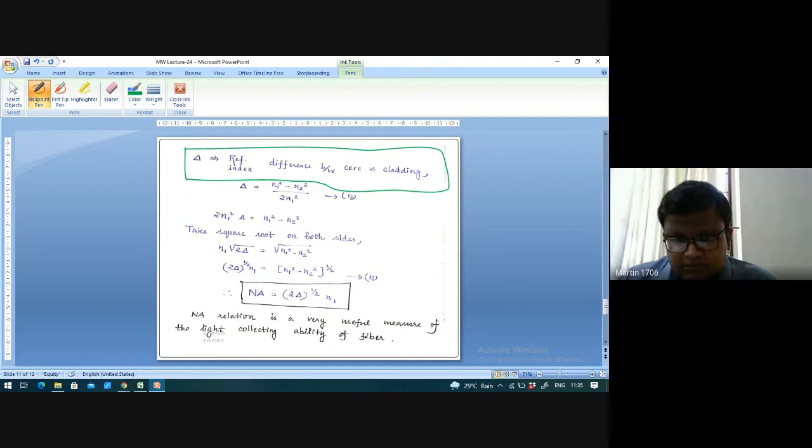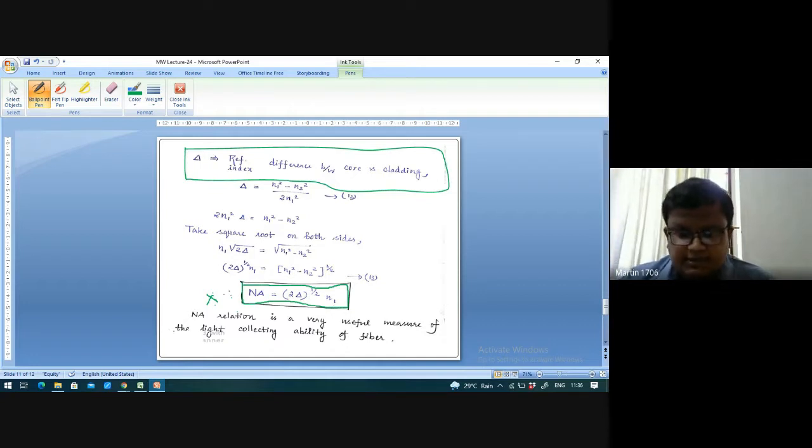This equation is based on the refractive difference between the core and the cladding: twice delta whole to the power 1 by 2 into n1.